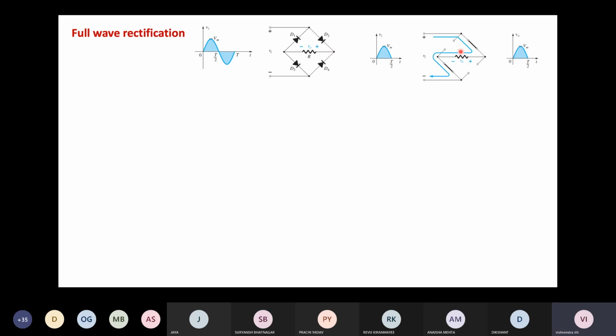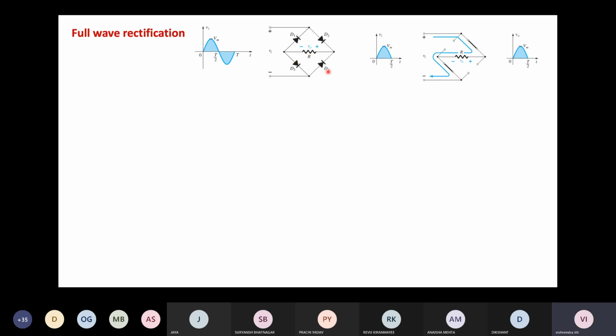So this will be the equivalent circuit, and the output voltage is taken across the resistor, and the polarity of the output voltage will be such that this part of the resistor is positive and this part is negative. So we get the same kind of output across the resistor as in this positive half cycle.